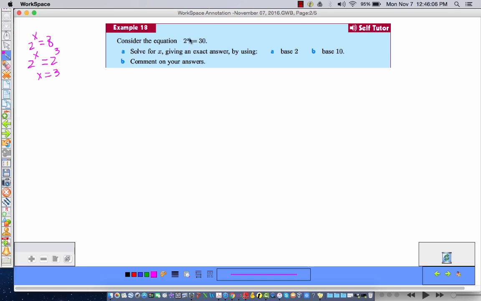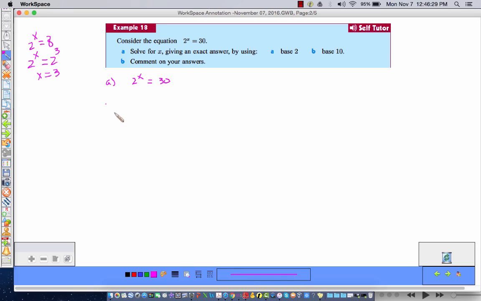But now here, we don't have that. We don't know 2 to the what is equal to 30. So we can use logarithms to solve this equation. And they first ask us to use base 2. Well, this is quite convenient, but I should back up.